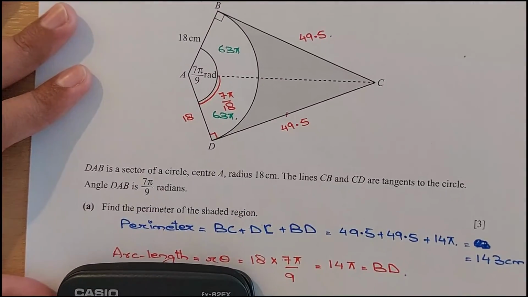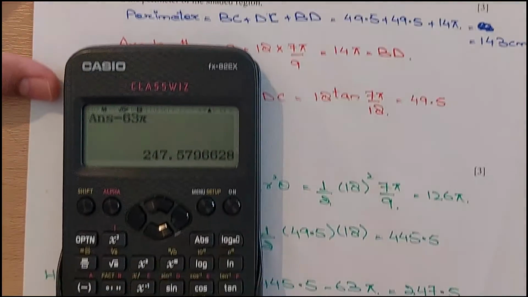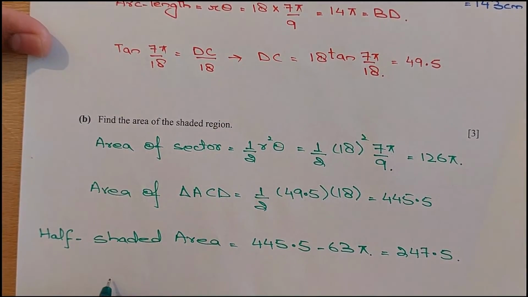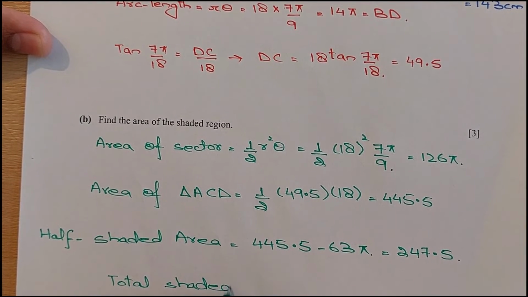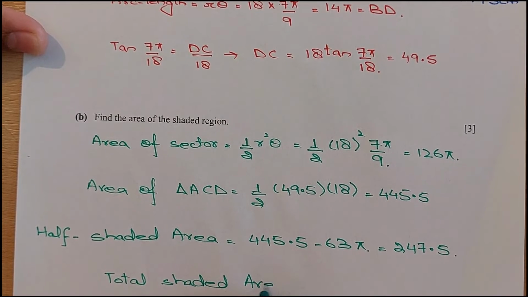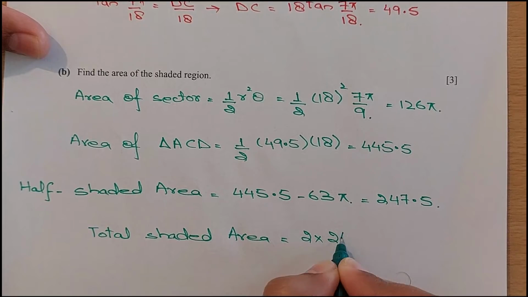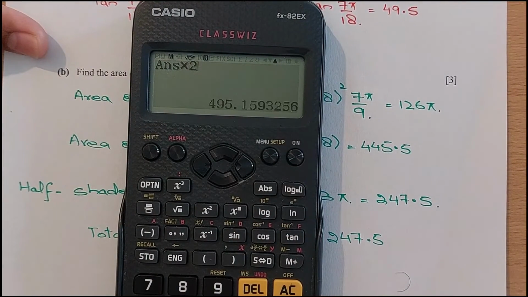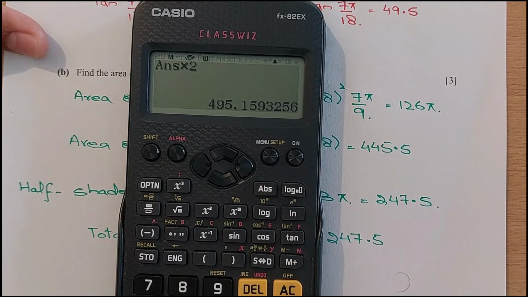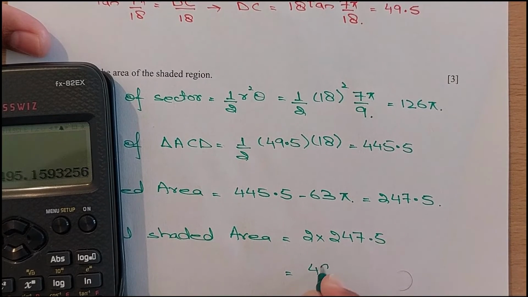So this is the bottom shaded area. So to find the top shaded area, just multiply by 2, and we will get the total shaded area, right? So the total shaded area is just 2 times 247.5. So times by 2, that is 495.1, just 495 you can say, 495 centimeters squared.